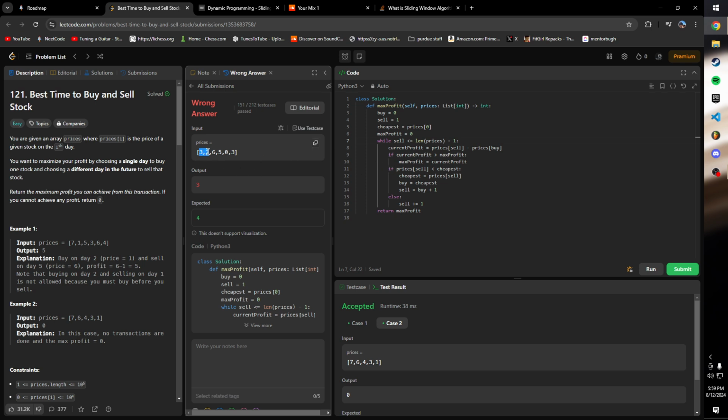If prices of sell are 2, so we said buy. This would be the cheapest.